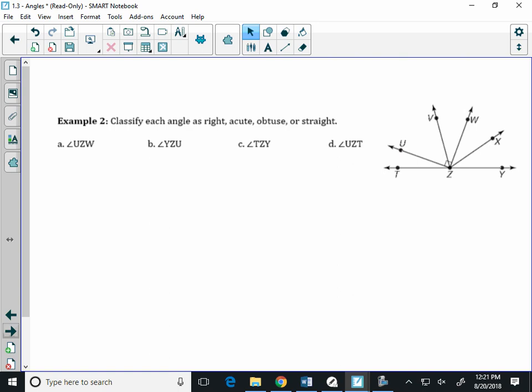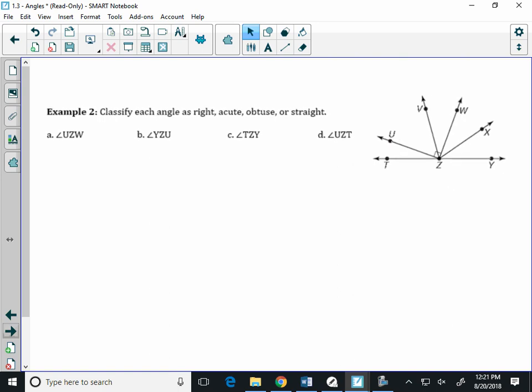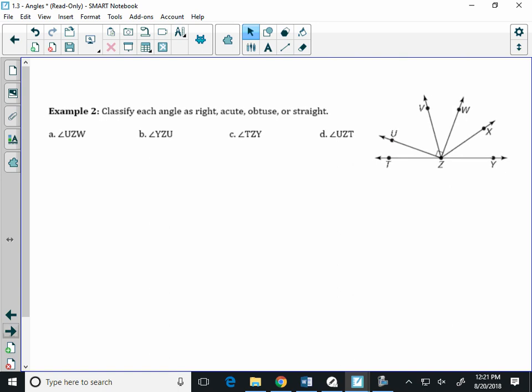You're going to classify these angles as right, acute, obtuse, or straight. I'm going to walk through it real quick and then I'll call on you. So A says angle UZW. What I like to do, again, highlighters are very nice in geometry.